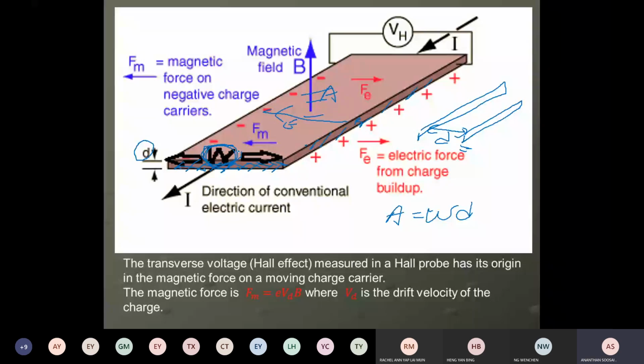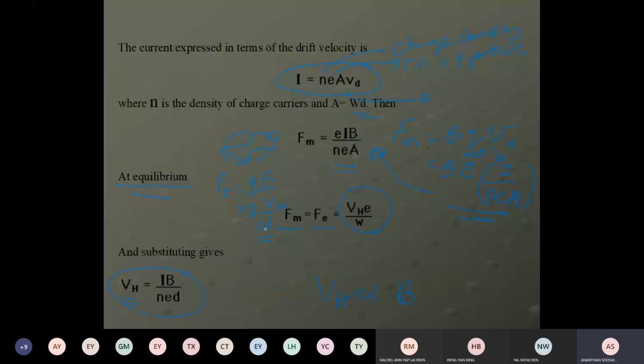So we go back to the equation. Your F is QE, V is the voltage, and D is actually W. So that's why the formula becomes like this. The electric force is VH, the voltage, times the charge E, over the plate separation W. Okay, so this is your magnetic force, and this is your electric force.